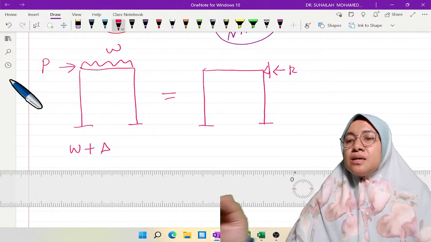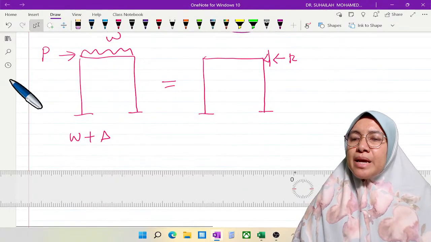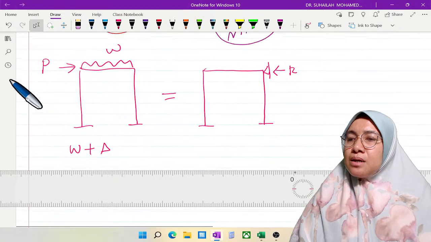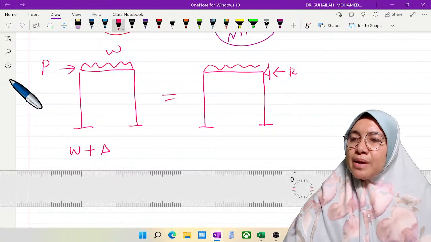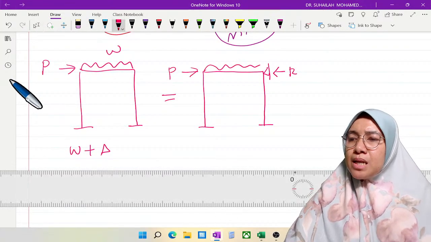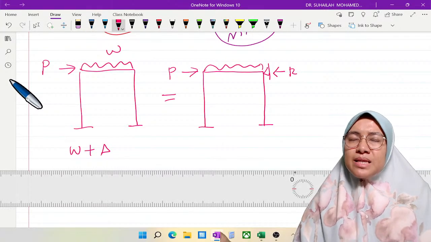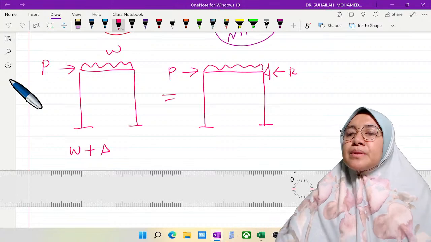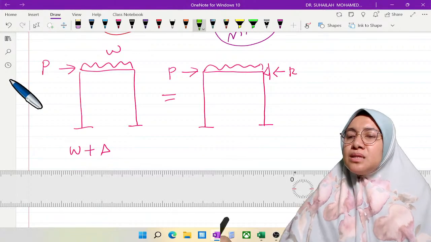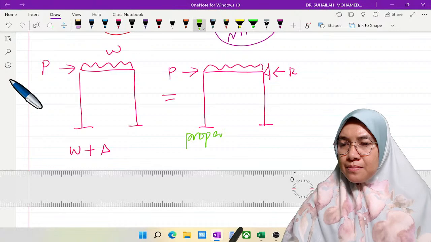The external loading has to remain, so P also remains. So when there is R, it means it is properly restrained. This is properly restrained.